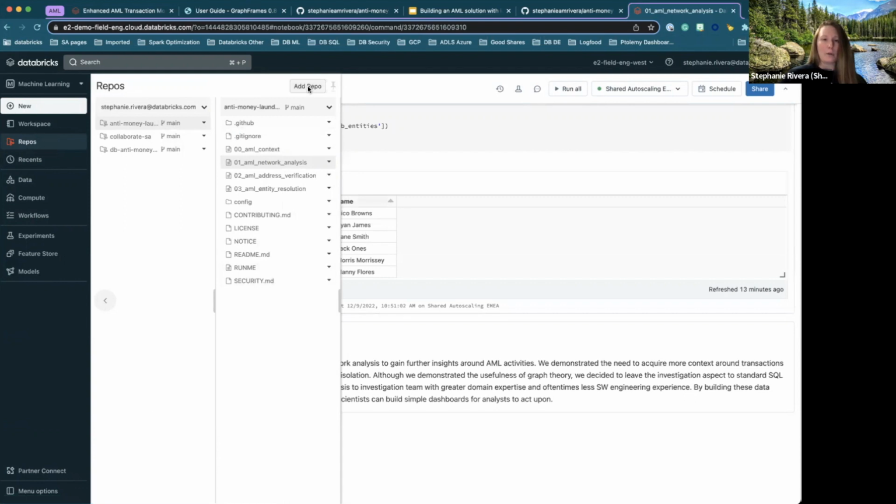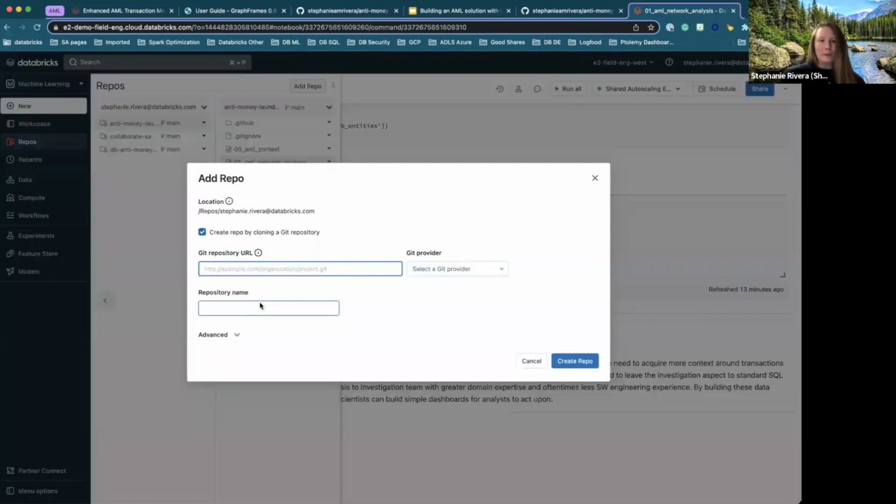And you just go to add a repo. That's where you put the link in. It'll automatically select GitHub for you, and then you can name it whatever you'd like. And then you do create repo, and it'll pull all the code for this session into Databricks for you.